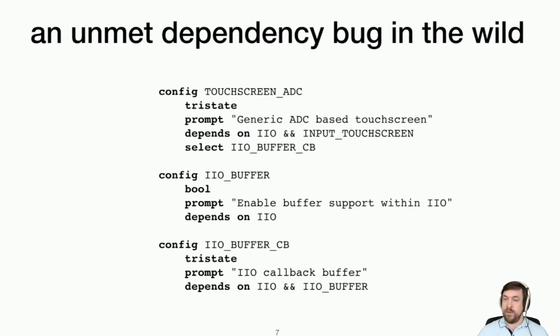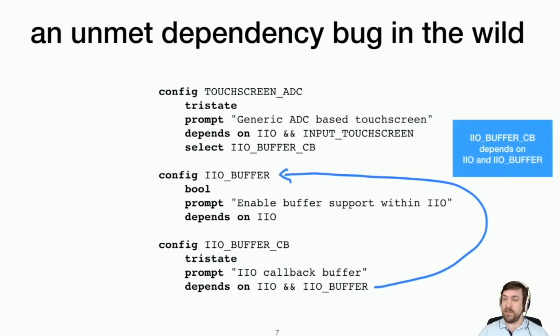Here's an example of an unmet dependency that we found with our tooling in the wild. There are three options here: touchscreen ADC, IIO buffer, and IIO buffer CB. The unmet dependency happens when the select construct force enables another option, subverting the dependencies of that option. Here, IIO buffer CB depends on two other options, IIO and IIO buffer.